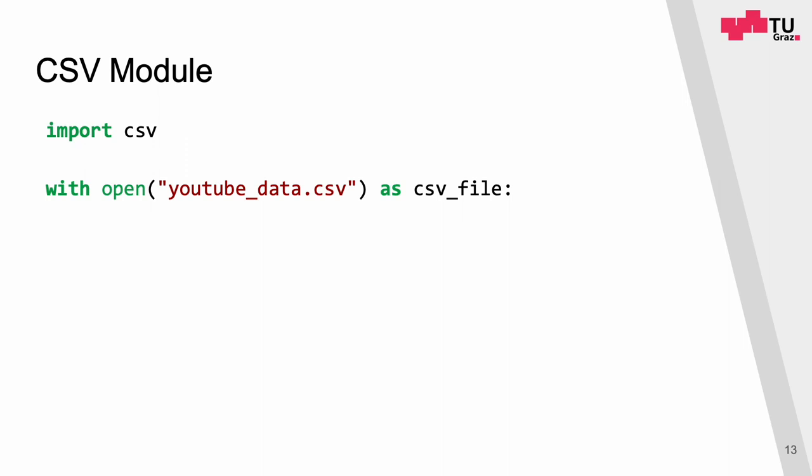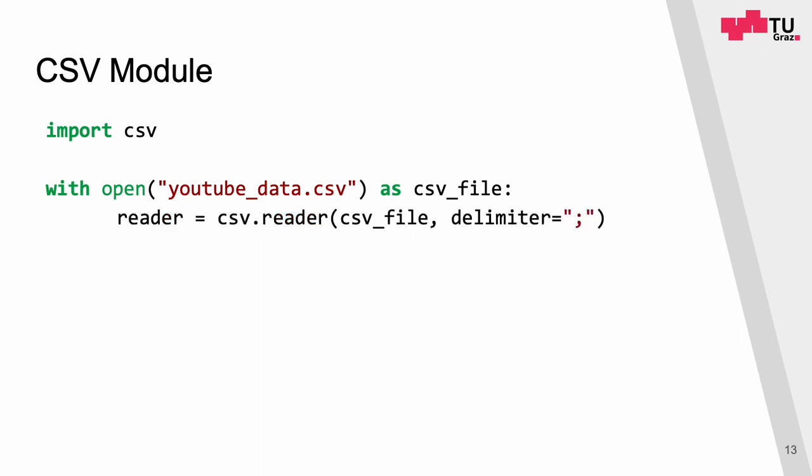Then to open the CSV file, you use, as you have already learned, the open function, and we do this using the with statement. So we type with open followed by the file path as csv_file. We just open the CSV file normally, as we open any other file.